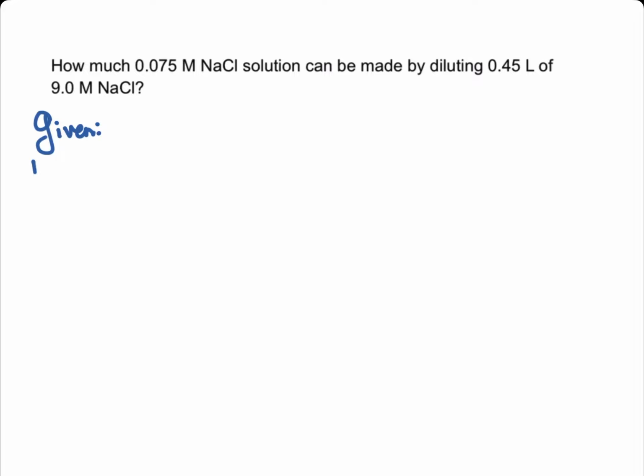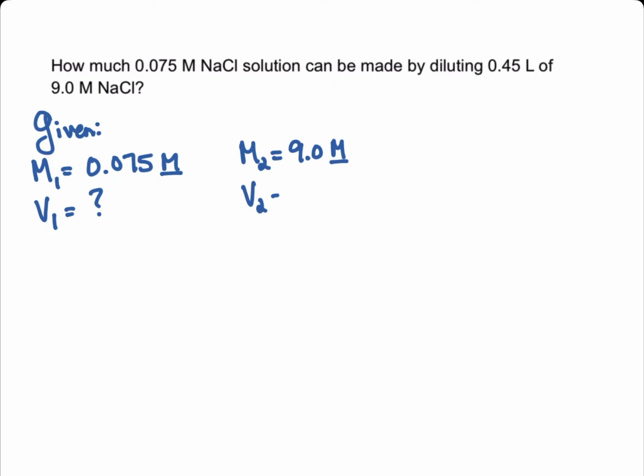And they've given me the first molar number, 0.075 molar of a sodium chloride solution. And they want to know how much volume of this solution can be made. So my V1 is my question. And my second molarity is 9.0 molar solution. And they've given me the volume of that solution.